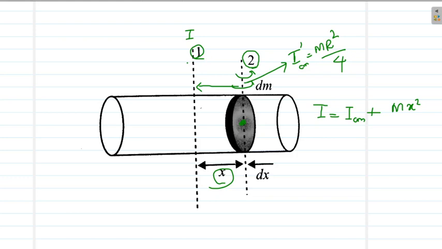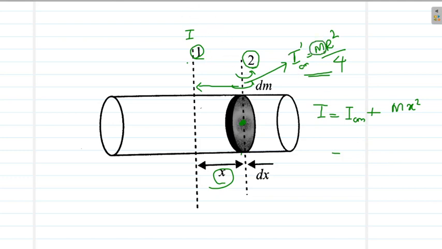Here in this particular instance, we are calculating the moment of inertia of this disc. So this is the ICM value, which is equal to m r square by 4. Sorry, a small change here.